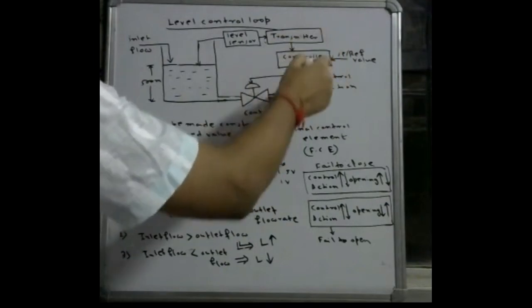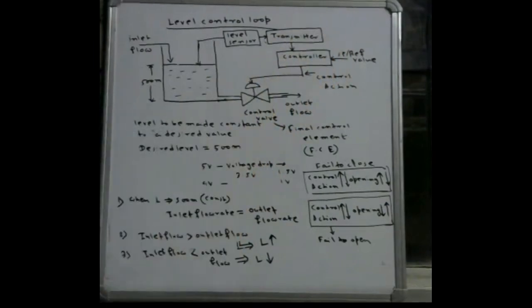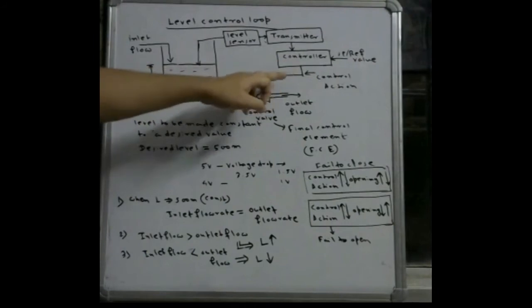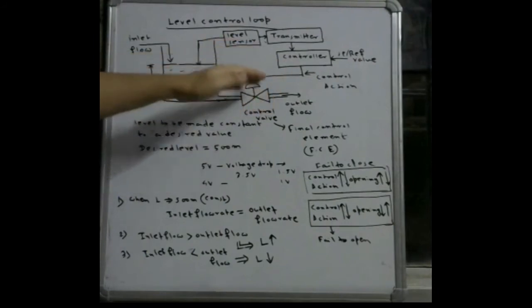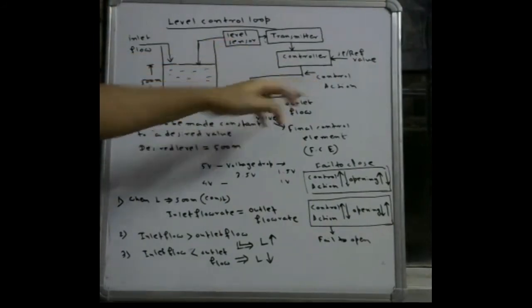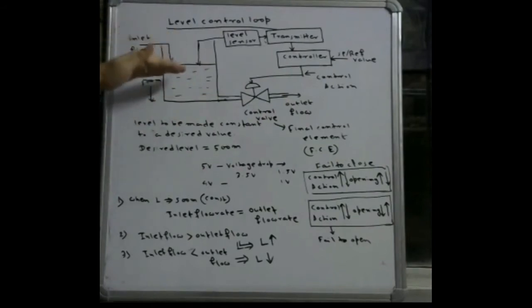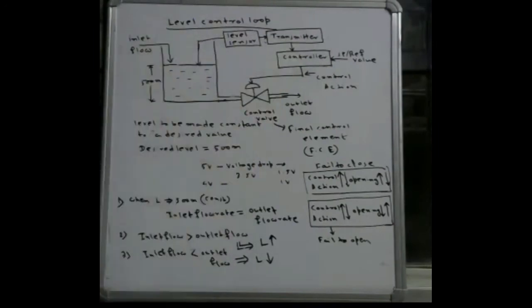There will always be some increase or decrease in the control action if there is some fluctuation of the level. So this is done by this level control loop. Okay.